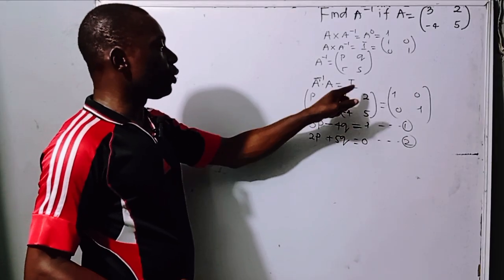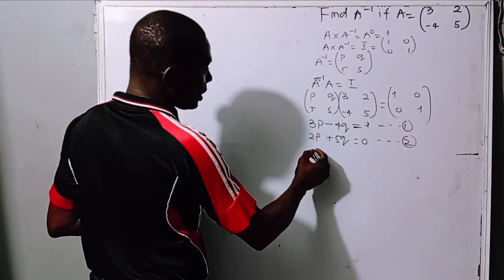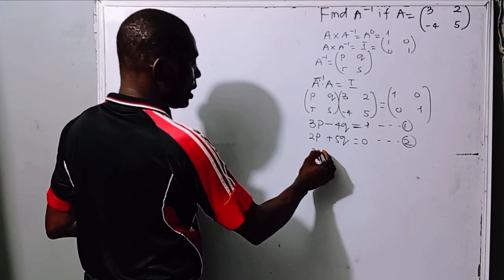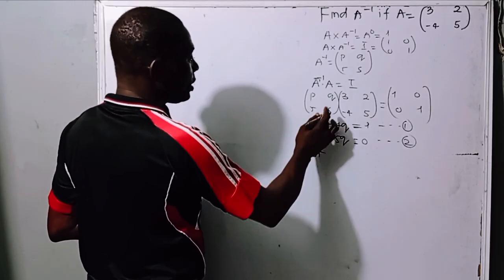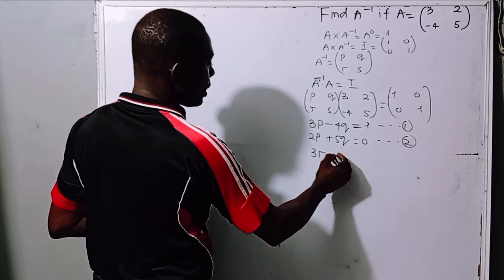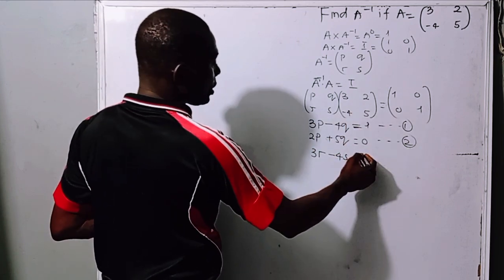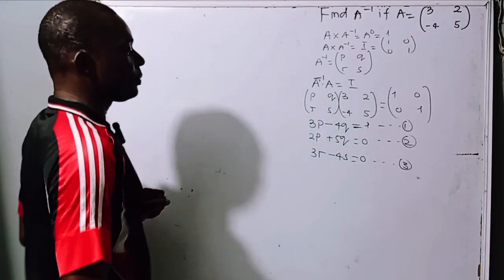Similarly, we still have to come to this row. We multiply these two columns to form another pair of equations. In this case, R times 3 gives 3R, then X times minus 4 gives minus 4X. Remember, this will be equal to this, which is 0. Let's label this as equation 3.